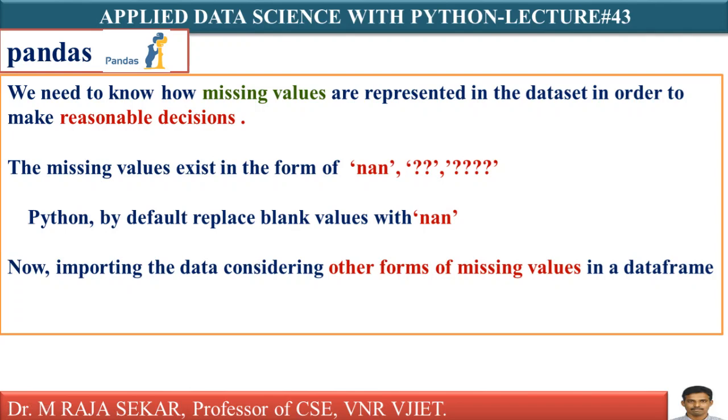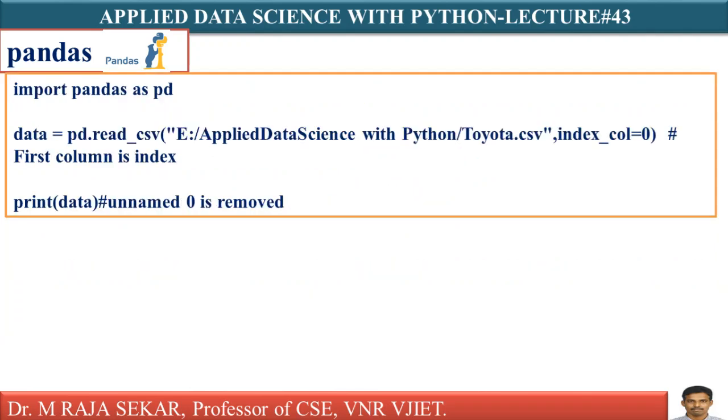We have encountered in our data frame missing values existing in the form of nan, or in the form of double question marks, or in the form of 4 question marks. This nan can be treated as blank values, but we don't worry about blank values because Python by default replaces them by nan. Now, importing the data considering other forms of missing values in a data frame.